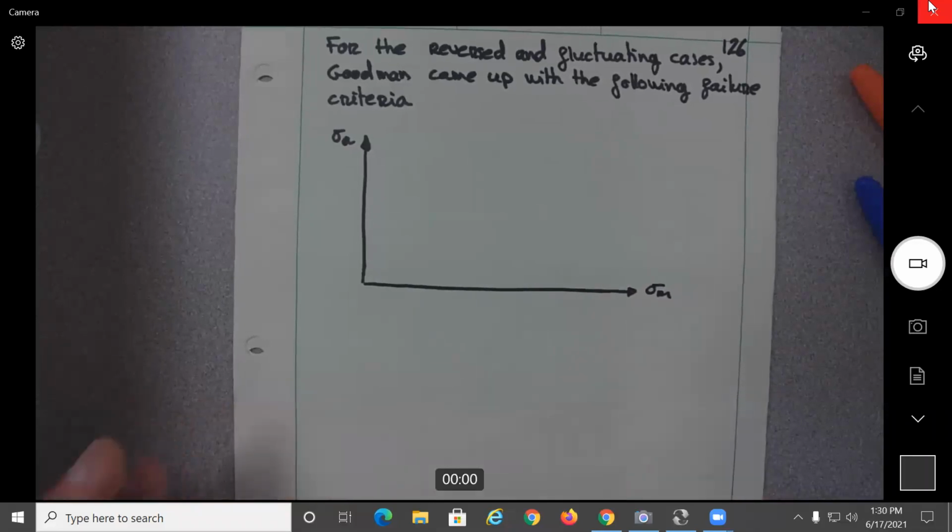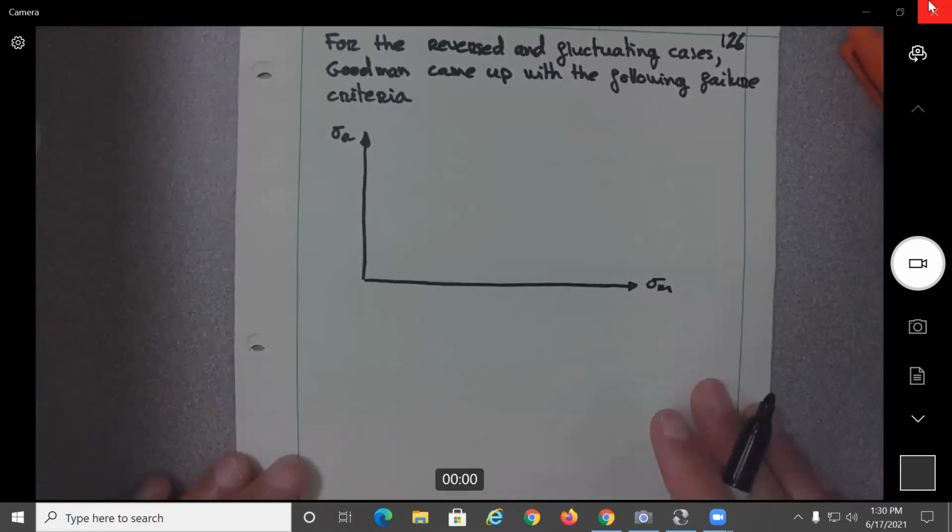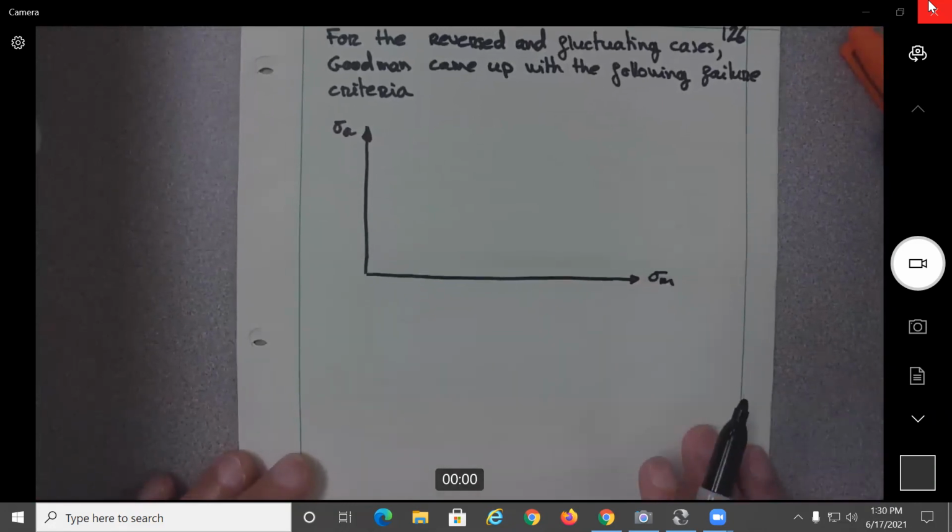Okay, so here you have different lines. They have different names, but I call them all Goodman or modified Goodman, and you will see what I'm talking about. Okay, so this is the figure.